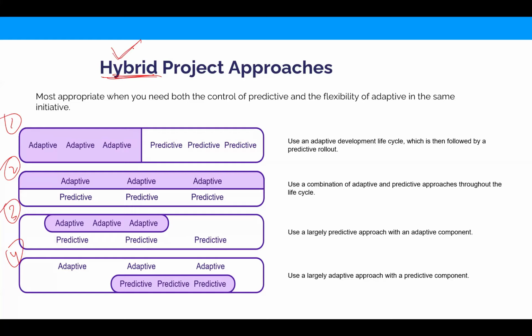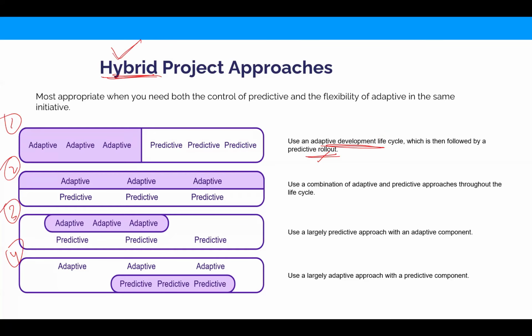Now coming back, there are 4 forms shown here. The first one that you see is using adaptive for development, and for rollout, they're using predictive. An example of that would be, let's say, to build the product, we are going to be using Agile. The requirement is volatile. We use Agile and evolve the product.